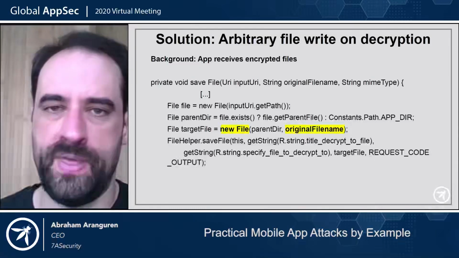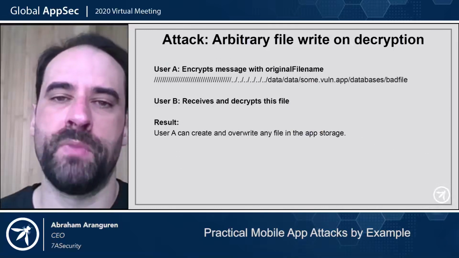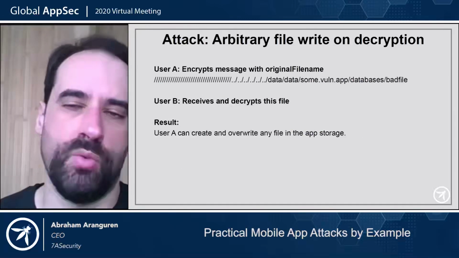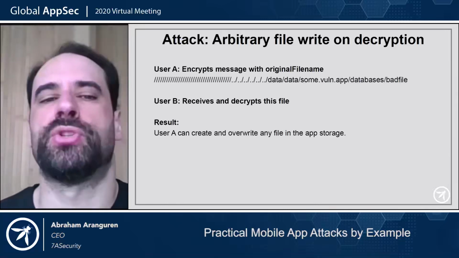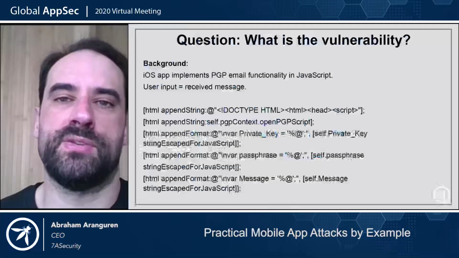So with this, we can, again, use a path traversal and provide another path. So when the user decrypts this, we can overwrite arbitrary files within the storage of the app or of the SD card, right? So this is really bad.